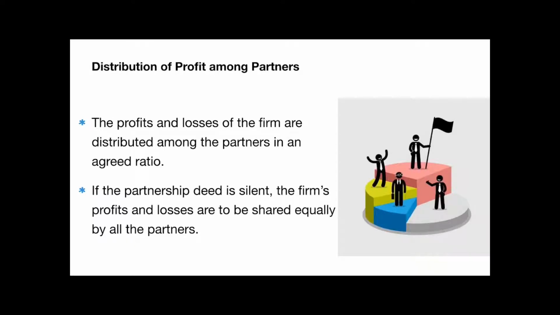Distribution of profit among partners. The profit and losses of the firm are distributed among the partners in an agreed ratio. So, if there is a partnership deed and partners have agreed to share the profit and losses, however, if the firm earns a profit, in their agreed ratio, the profits will be distributed.